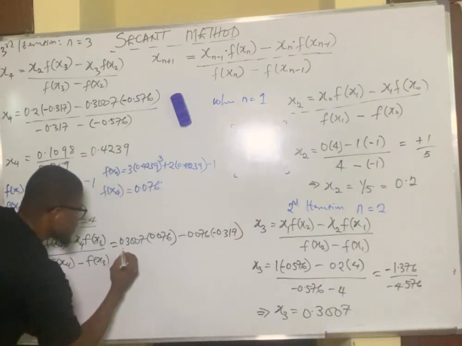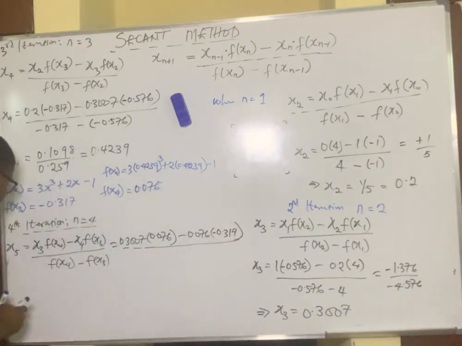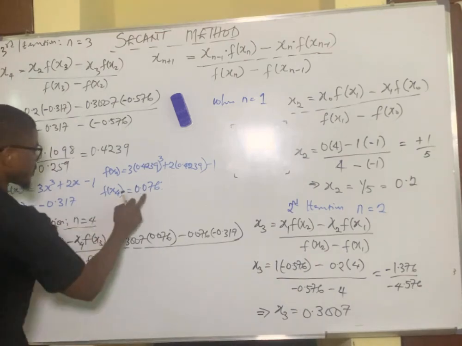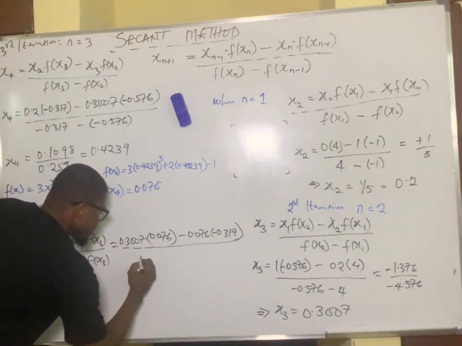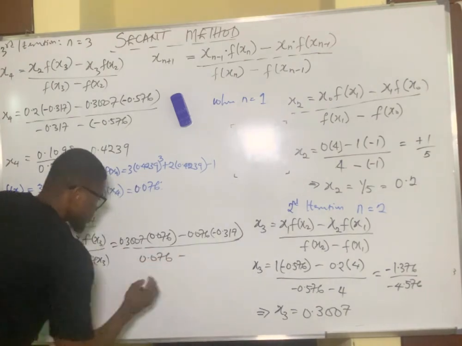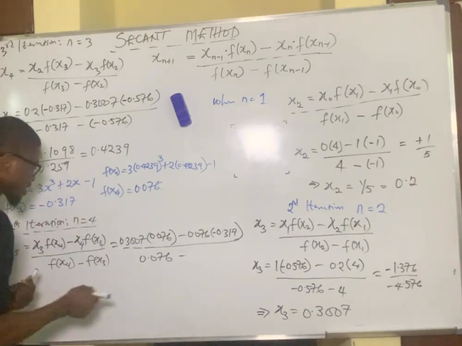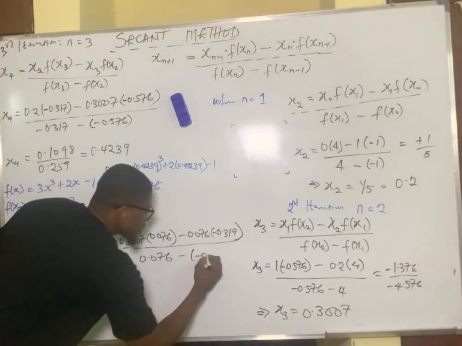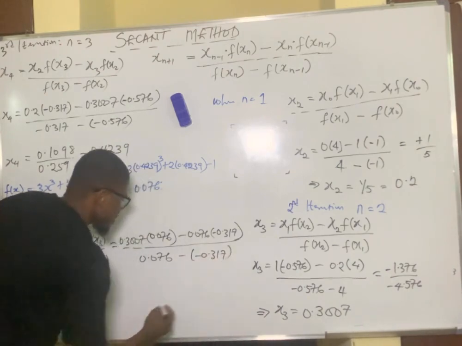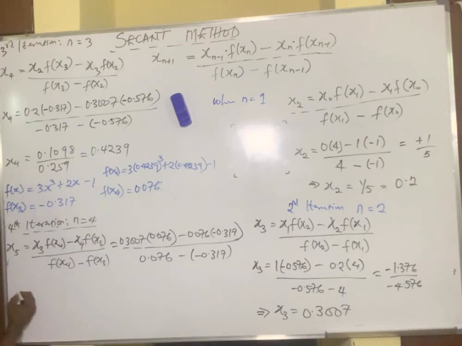The whole of this divides by f of x4, and f of x4 gives us 0.076 minus f of x3, which is negative 0.317.